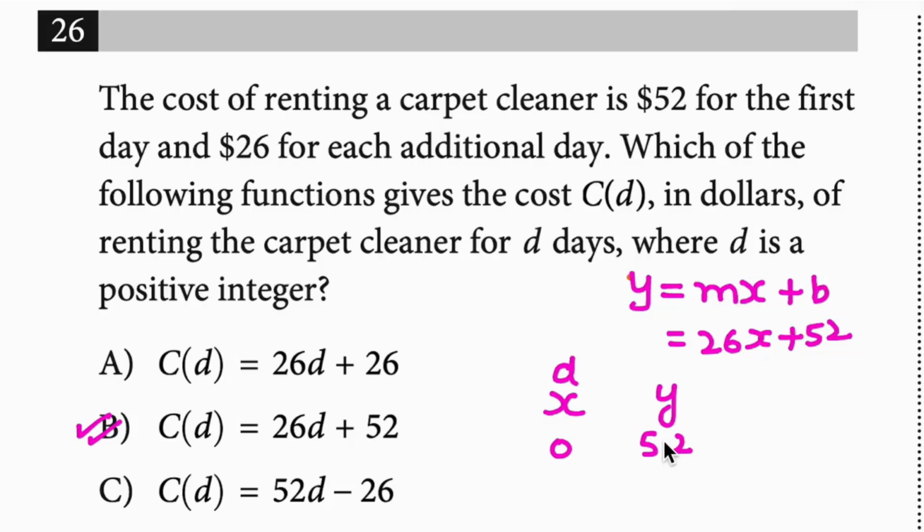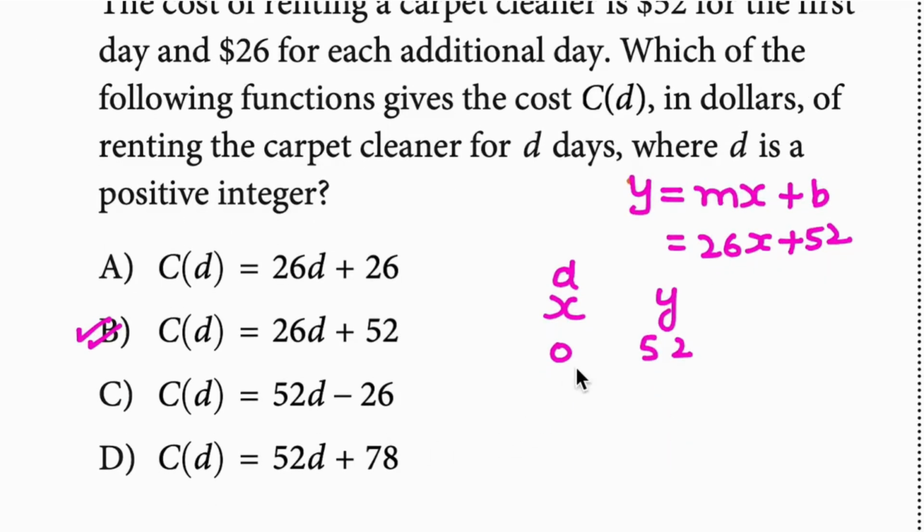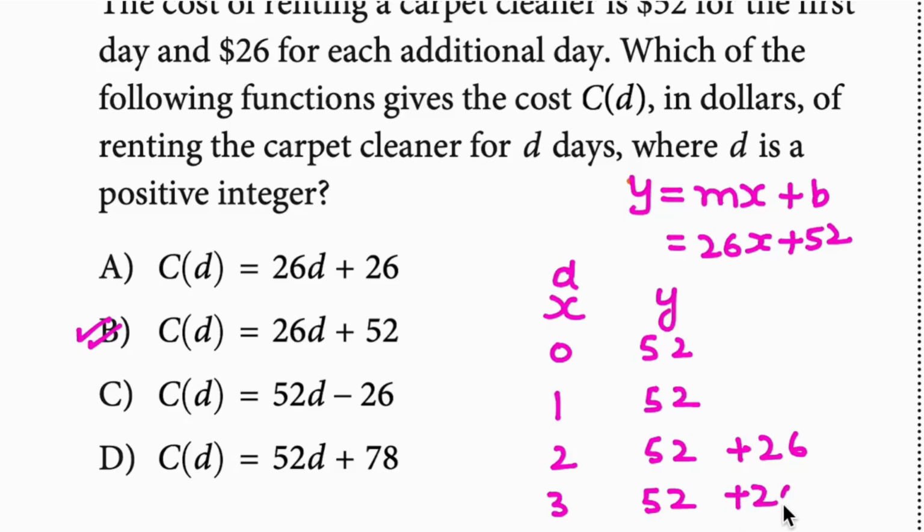That means you are just giving the initial amount, which is not the case here. This 52 is for the first day, right? And then on the second day, this is 52 plus $26 for the second day. And for the third, 52 plus 26 plus 26 for the third day. So this is like one step down.